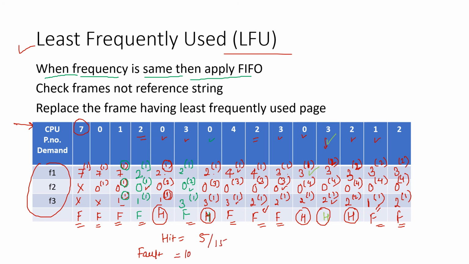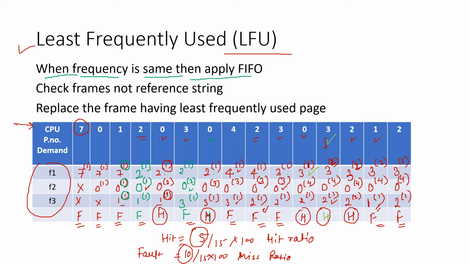So 5 upon 15 into 100 is the hit ratio, and 10 upon 15 into 100 is the miss ratio. These are the number of hits, and these are the number of faults. So divide by 15 and multiply by 100, and we'll get the ratio.